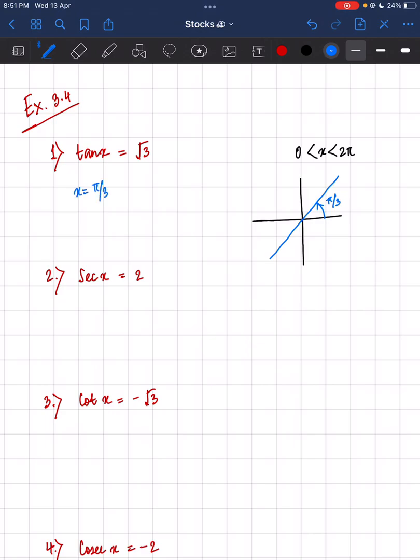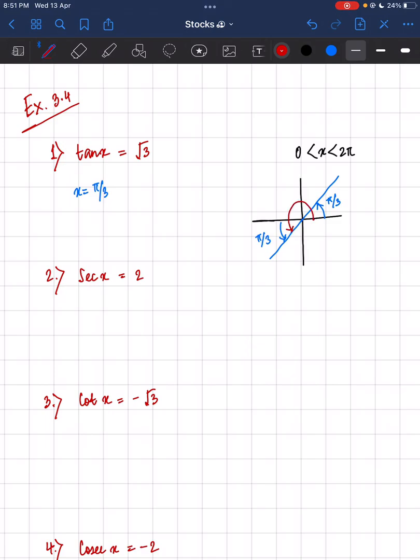For the second principal solution, the angle must lie in the third quadrant. The angle made by the line with respect to the x-axis will be pi by 3, but that is not my actual angle. The actual angle starts from the positive direction of the x-axis and goes this way. So this is my actual angle.